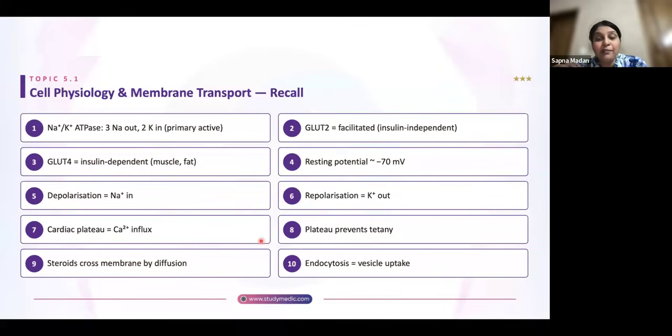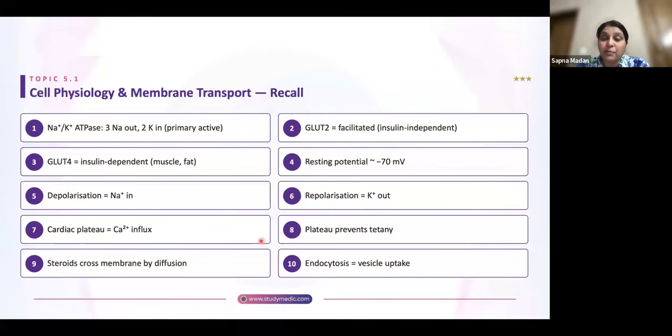Then we have the GLUT2, which is insulin independent, and it is a form of facilitated diffusion. Then we have GLUT4, which is insulin dependent, and this is present in muscles and fat.